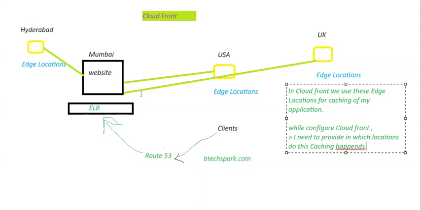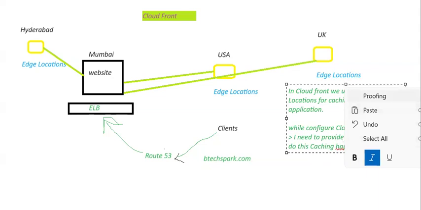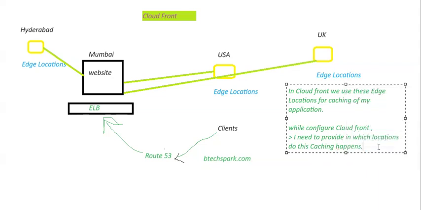Sir, in which way does AWS provide this, in countries or in continents? AWS provides these edge locations based on continents. So what do I need to provide?